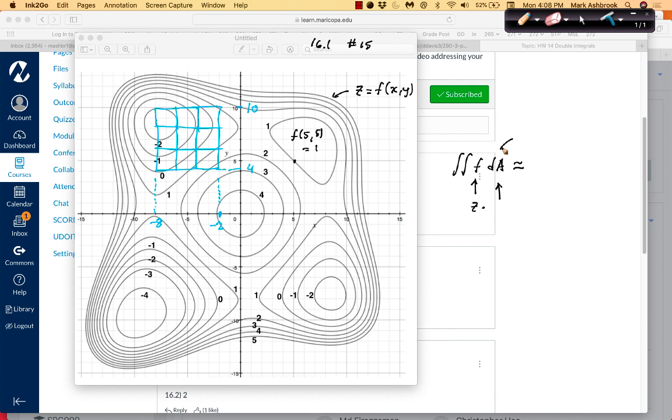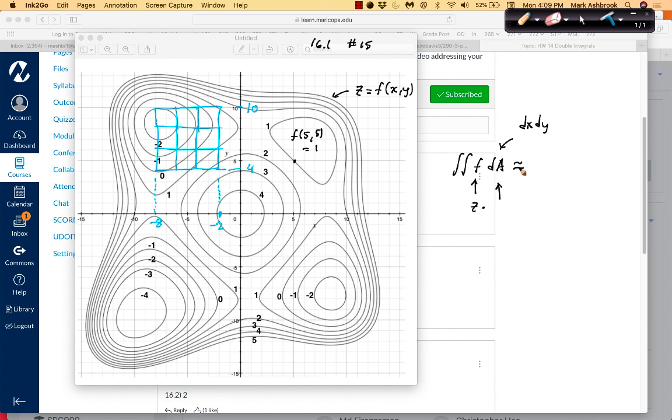Another way to write dA is dx dy. The integral is then accumulating, or summing up, all of these products, z times dx dy. You saw in the videos how that has a real world application, but for now we'll speak theoretically here.